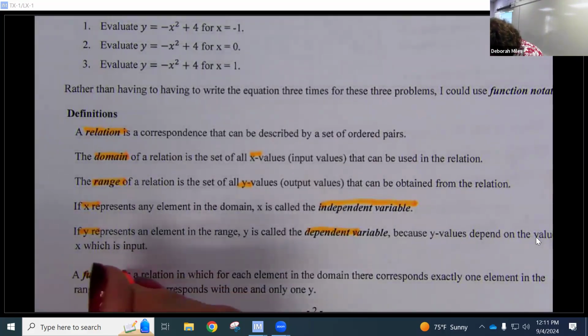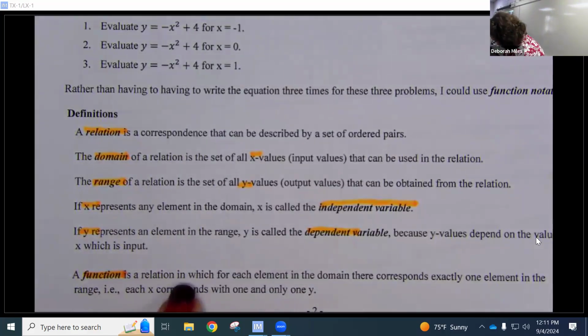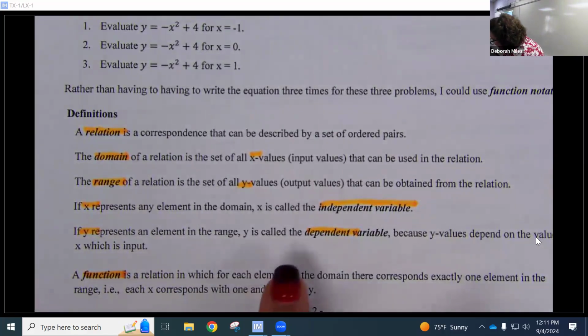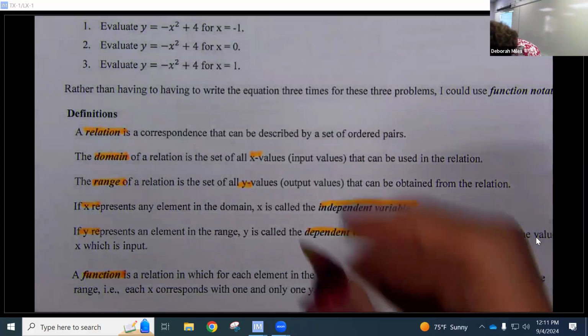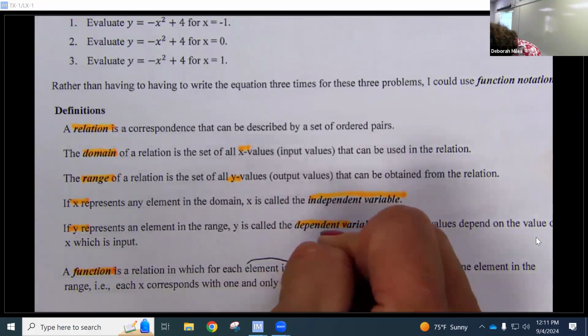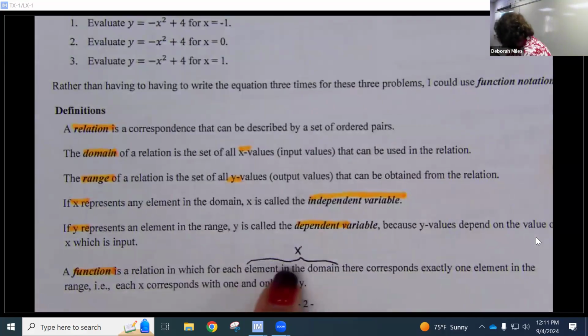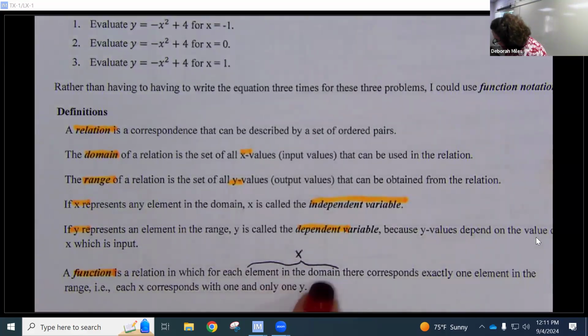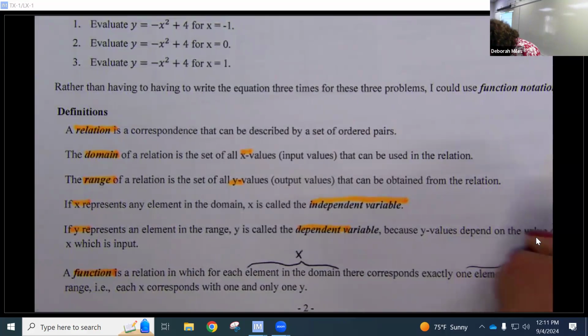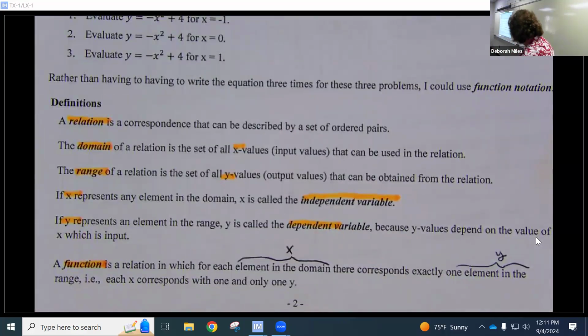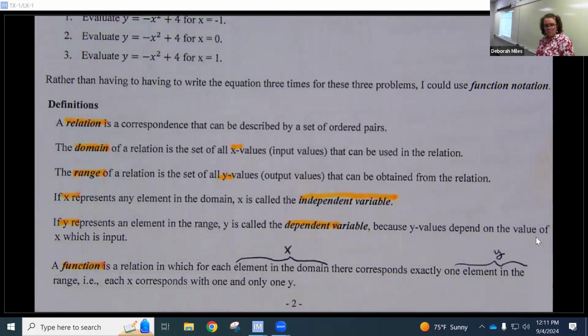Specifically, a function is a relation for which each element in the domain, we said the elements in the domain are called your x's. For each x in the domain, there's exactly one element in the range. That's your y. Meaning for each x, there's only one y.